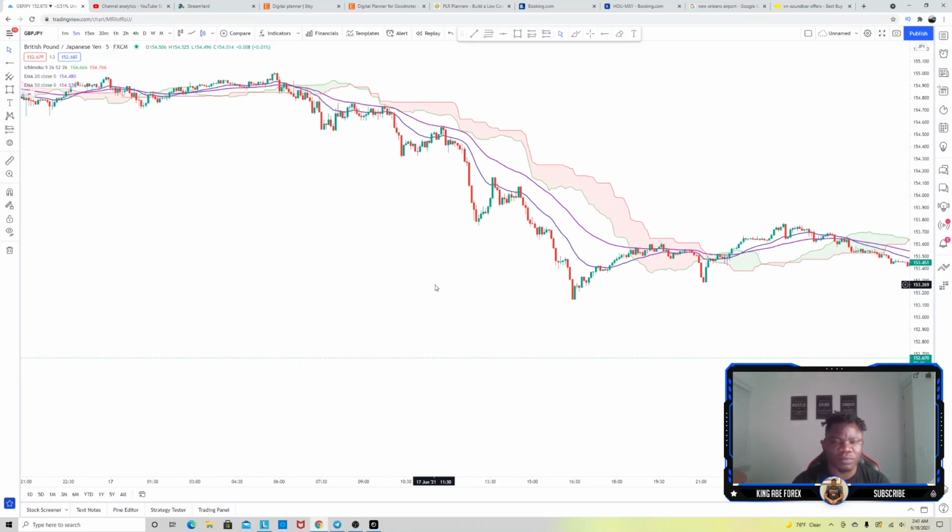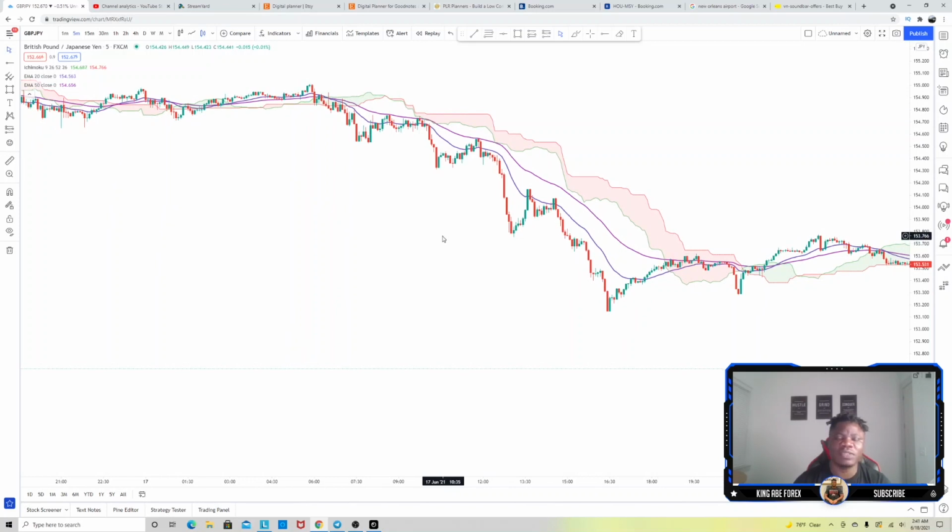Now once you have all of that, here's what we're actually looking for. I'm going to start with the sell example. We need to make sure the price is trending. This is a trend trading scalping strategy, so we need to look out for when price is trending, and for sells, price needs to be below the cloud.